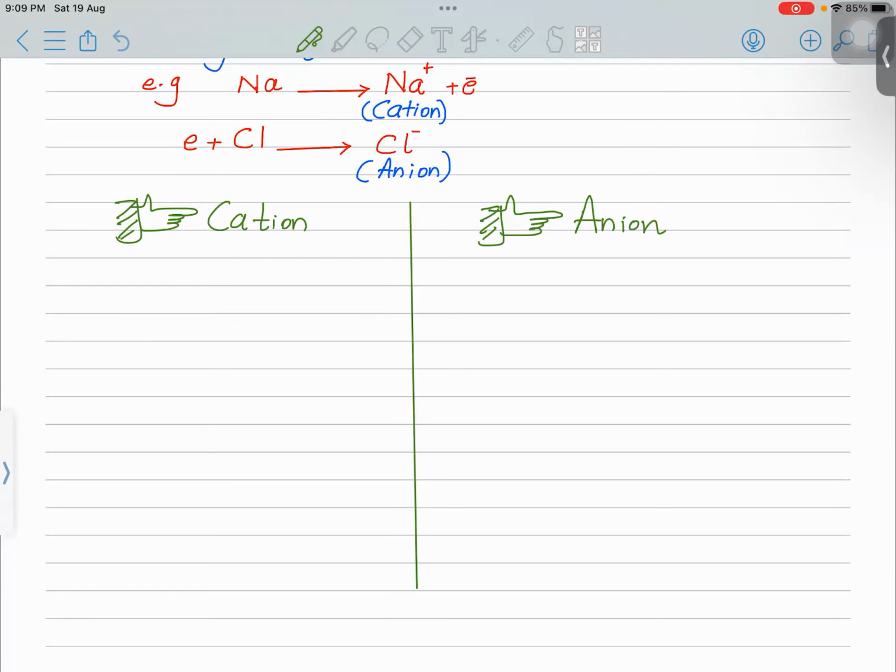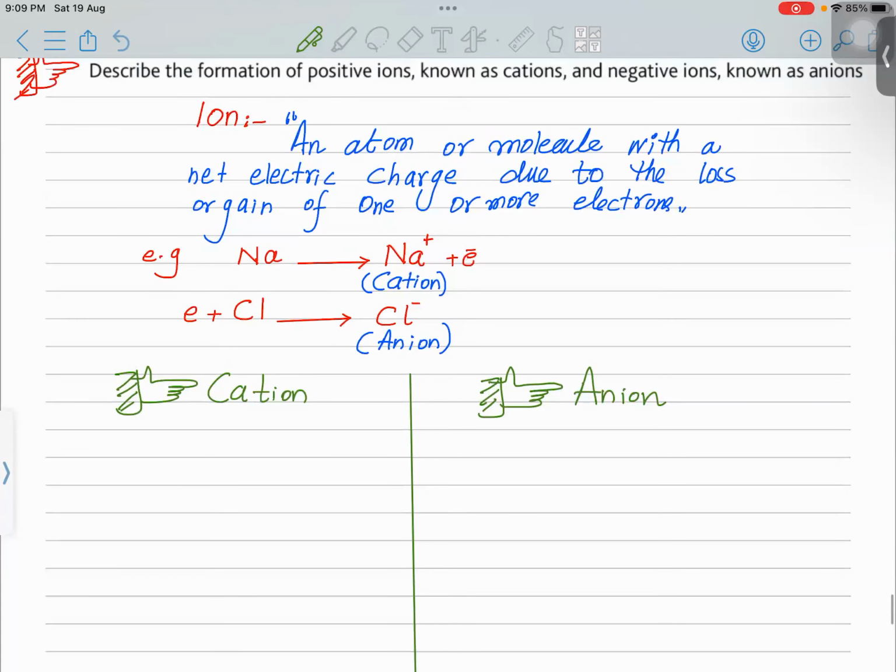What is the dash above the E in the Na plus? E means electron, and this is the negative charge. This is electron, and this is negative charge.